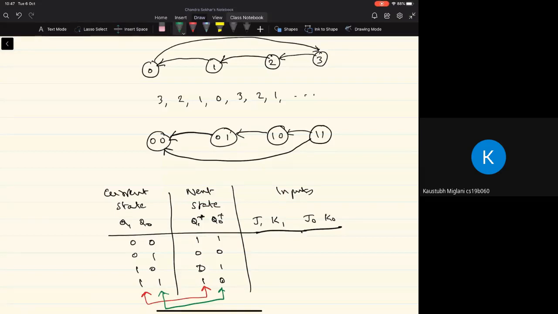Okay, take a couple of minutes to fill the entries for J1, K1 and J0, K0. Please remember that you need the information about the next state table of the flip-flop, which again I'll give here just for the sake of convenience.